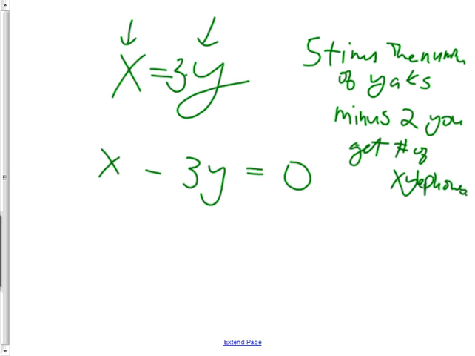I know I spelled xylophones wrong there, but that's okay. I was going for 5y minus 2 is equal to x.